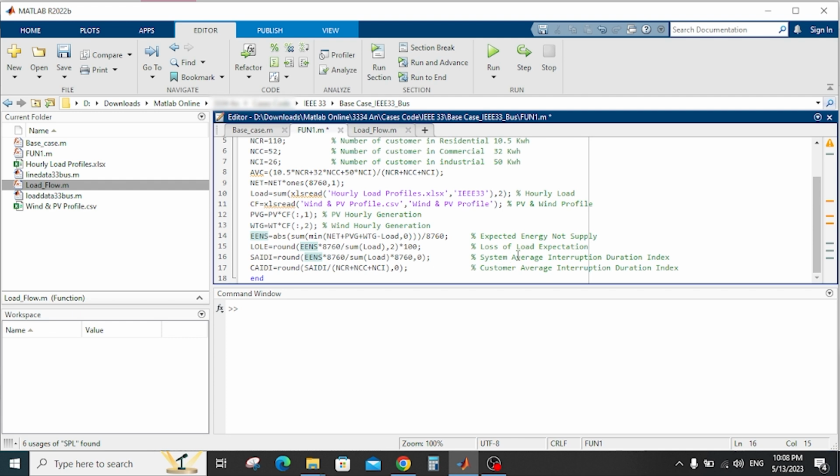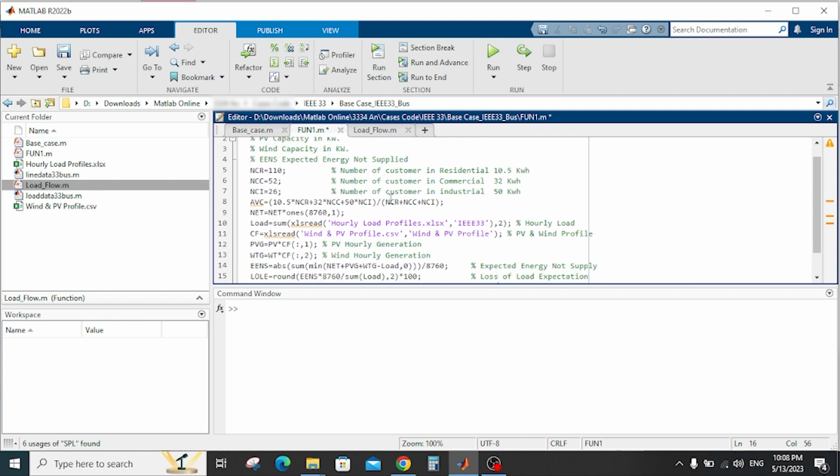This means the average interruption of the load during the year for the whole system. We also calculated the customer average interruption duration index, which depends on the number of customers.